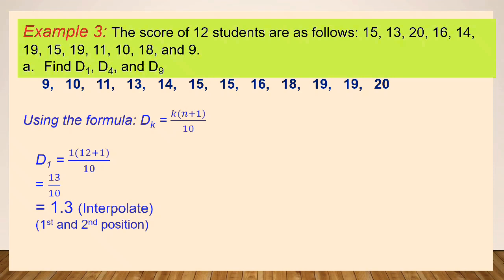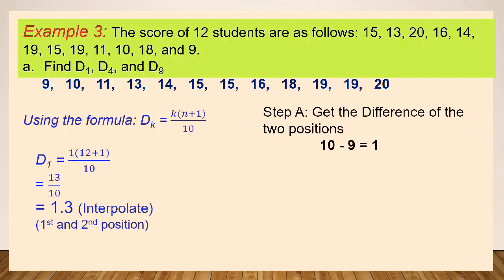So class, we again have a decimal value here. Therefore, we are going to interpolate it. We need to identify the location. Where is 1.3 located? That is between the first and the second position. Since we have identified the location, get the difference of the values of the two positions, that is 10 for the second and 9 for the first, that results to 1.